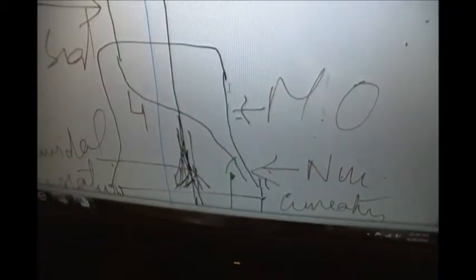The fibers from the upper limb travel in the fasciculus cuneatus, and fibers from the lower limb travel in the fasciculus gracilis.